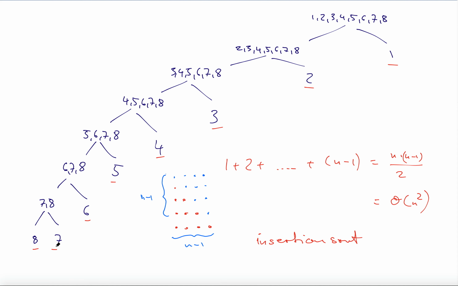One way of doing it is to take 8 and 7, merge them, and then we get 7 and 8, and we do one comparison. Now, let's say we already have 7 and 8 in one list, and let's merge the next element into that list. How many comparisons do we need? We need to compare 6 with 7 and 8, and then we can say it goes in the front. So this is 2 comparisons.